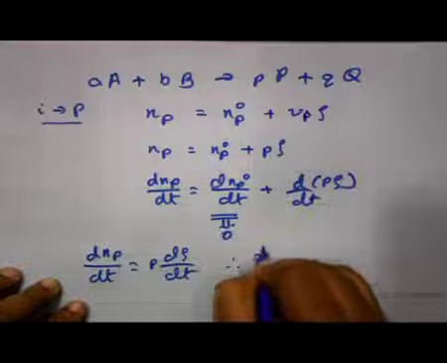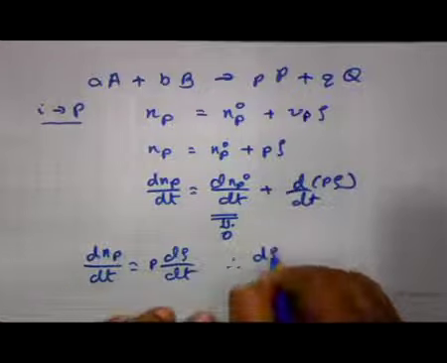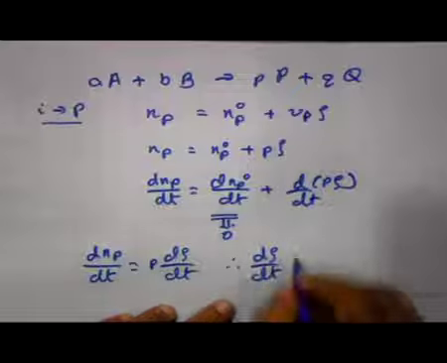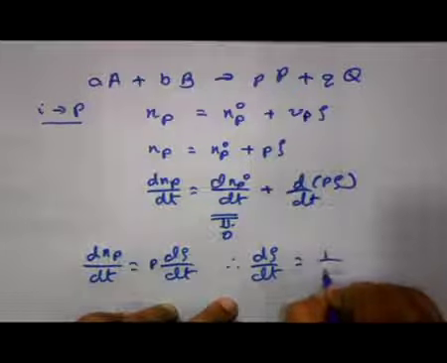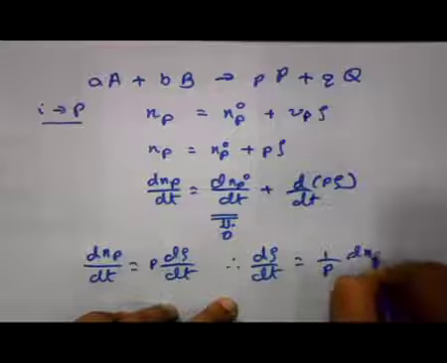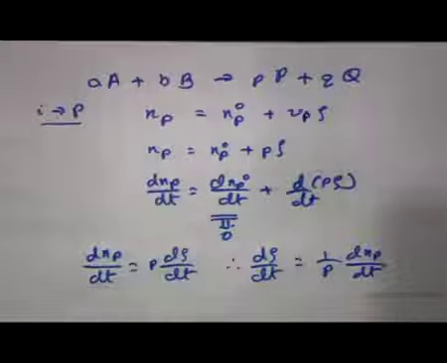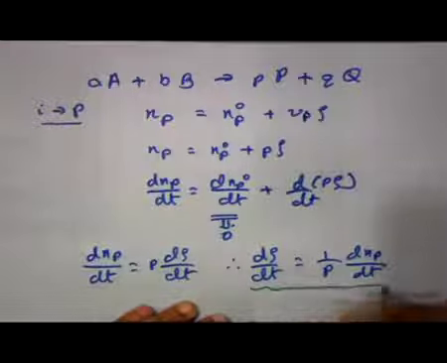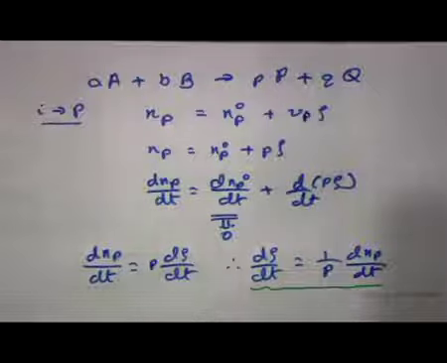Therefore, I can write d xi over dt is equal to 1 by P d n_P over dt, right. So, see what we have.